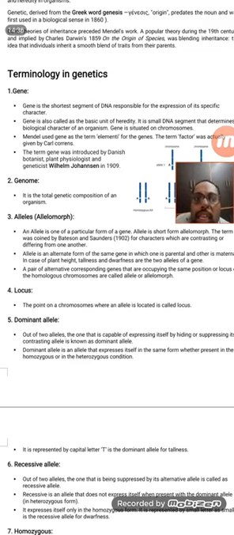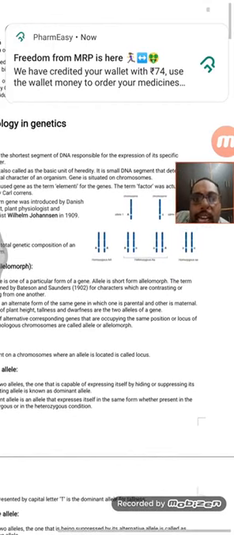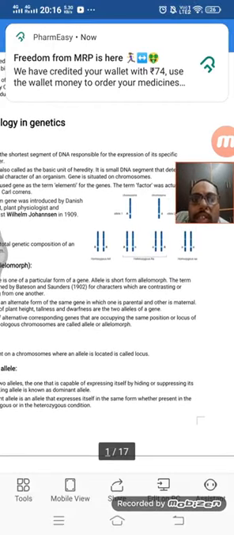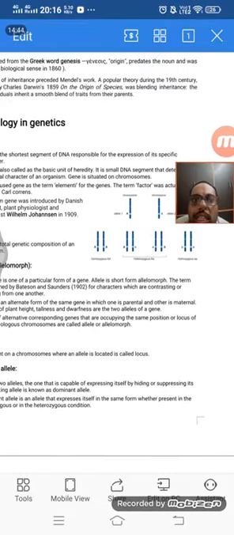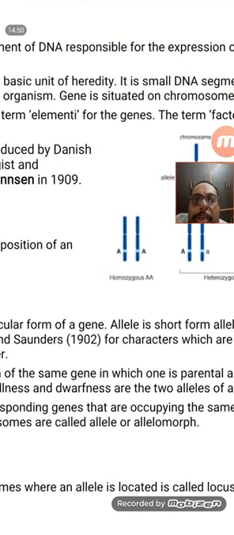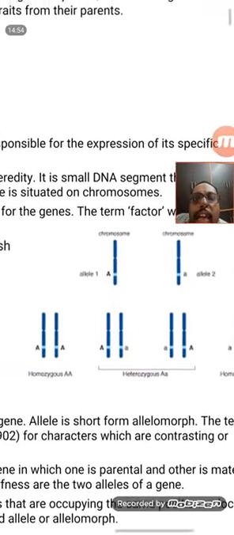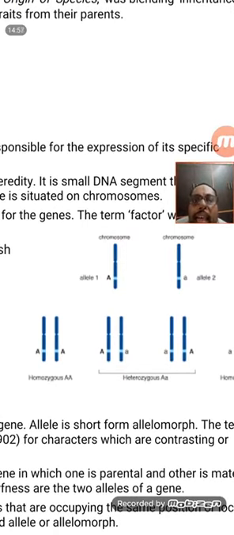And if you look near that, there is one diagram given, which is the structure of a chromosome. You can see something written as capital A, capital A, small a, and at the top A, small a, allele 1, allele 2.